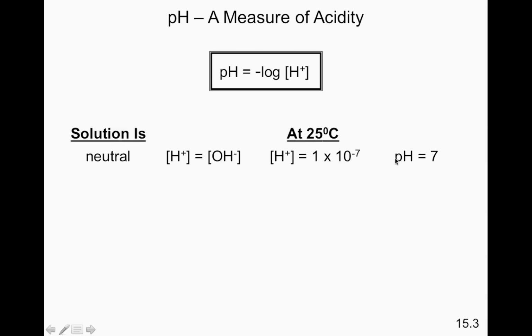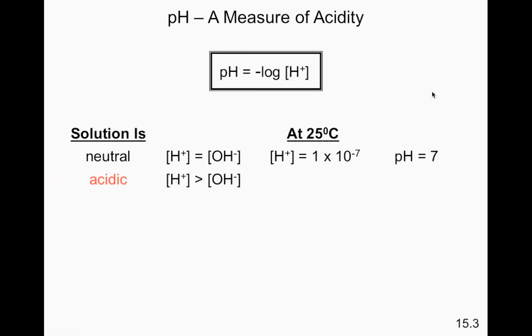Now, how are we getting one from the other? Well, you don't even need to use a calculator for this one, because the logarithm of 1 is 0, so that won't affect anything. The logarithm of 10 to the negative 7th is negative 7. And remember, in our definition, we want the negative of that. So a negative of a negative 7 is a positive 7. So Sorensen set up his scale so we always have positive numbers with his pHs.